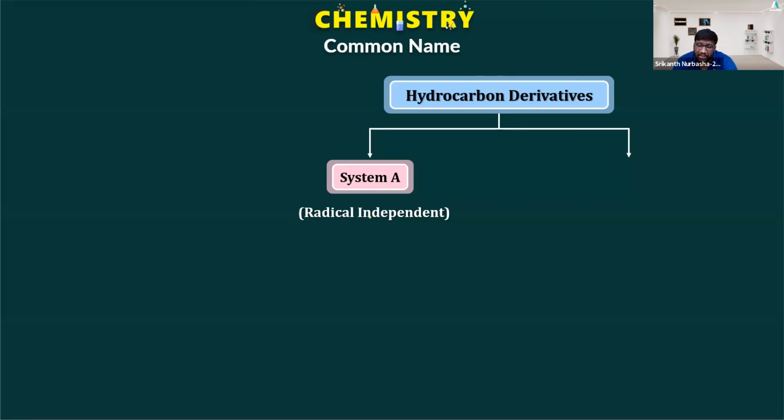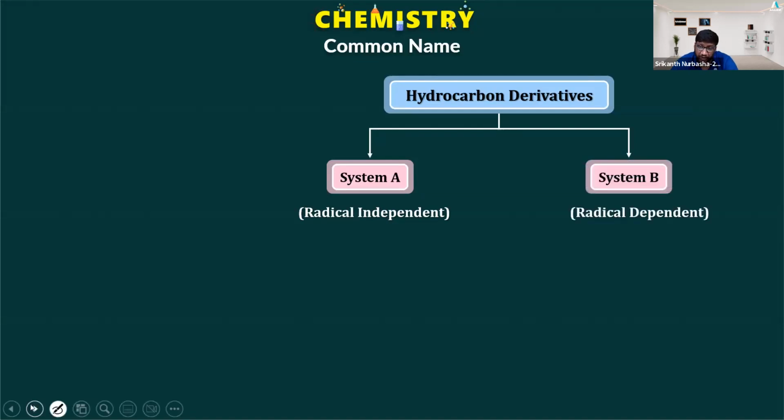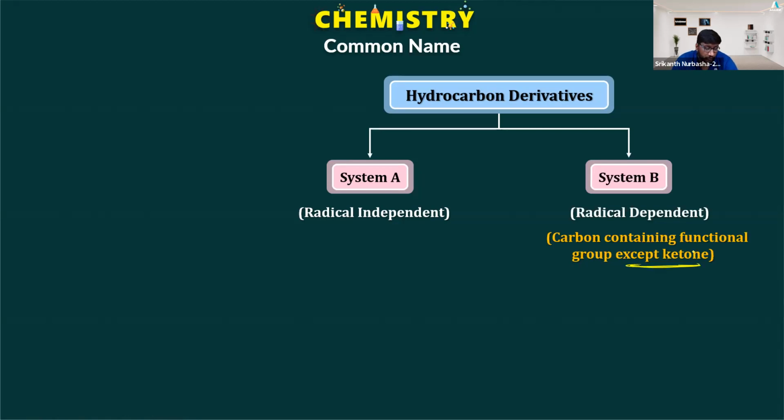System A is radical independent. System B is radical dependent. So we look at both cases. Radical dependent will be carbon containing functional groups except ketone.